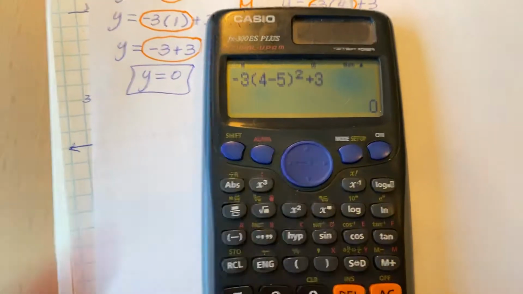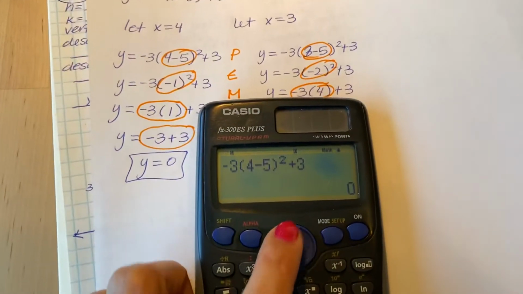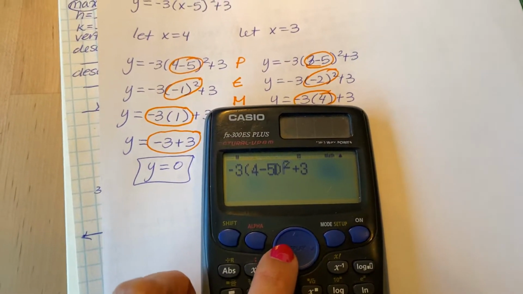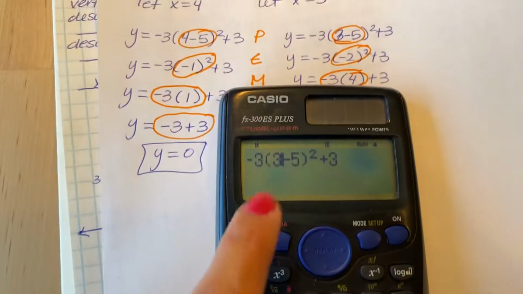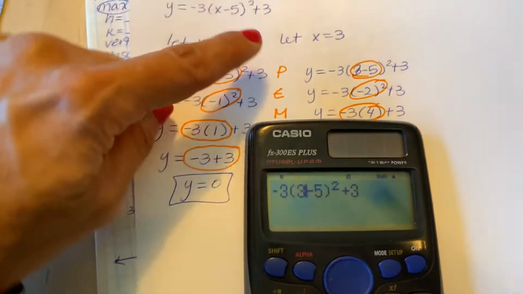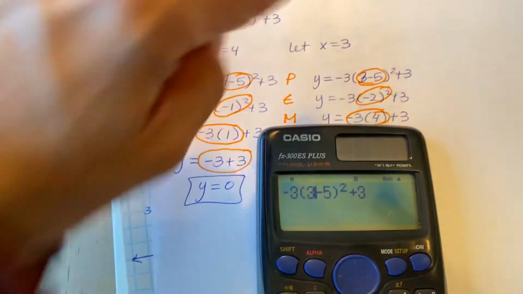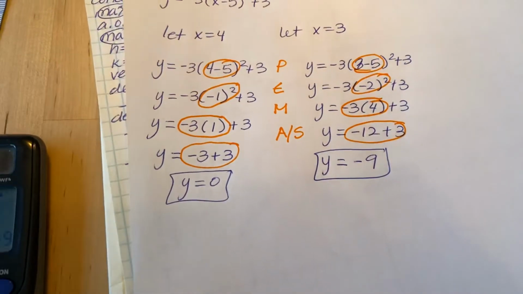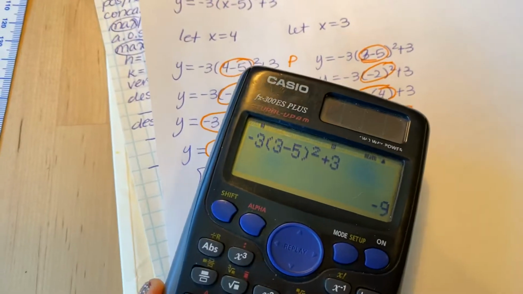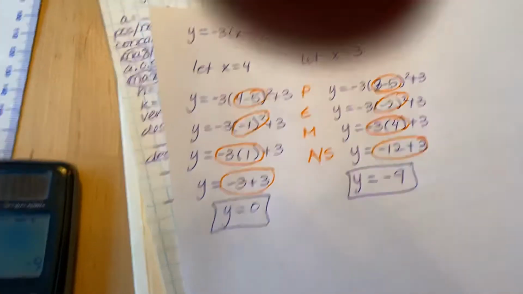Remember, you can take this directional button, hit up, over, hit delete, 3, and now it matches: -3 times (3 minus 5) quantity squared plus 3, hit equal, and there is my -9. So calculator's great, right? All right, so let's keep going.